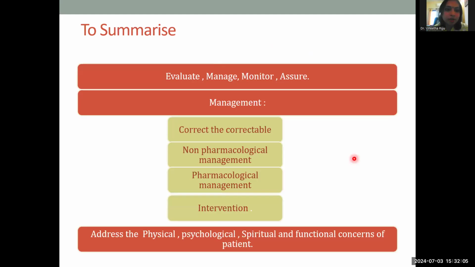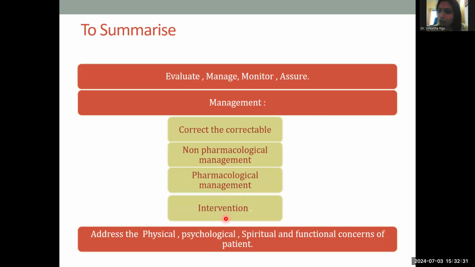So to summarize: evaluate, manage, monitor, and reassure your patient after you have checked on them and made the modifications required. In management, correct the correctable, non-pharmacological management, pharmacological management, and intervention if required.